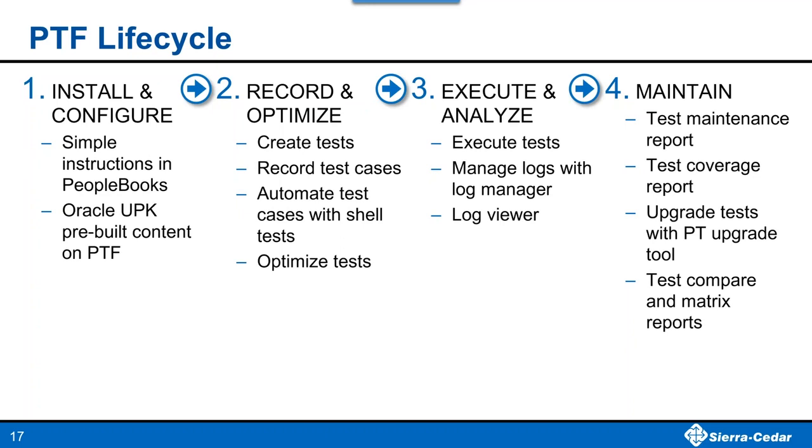After the tests are run, part of the process, and in the next slide we'll look at that process, is there are two reports that are delivered. One is the test maintenance report, which will show you where a test is going to fail after you've applied the PUM that you're working on.